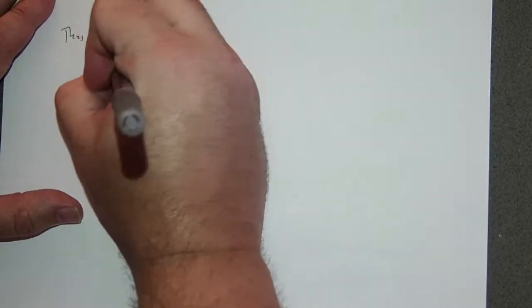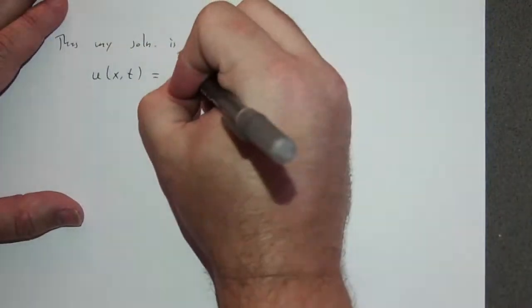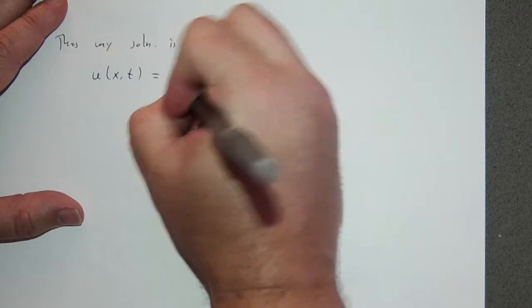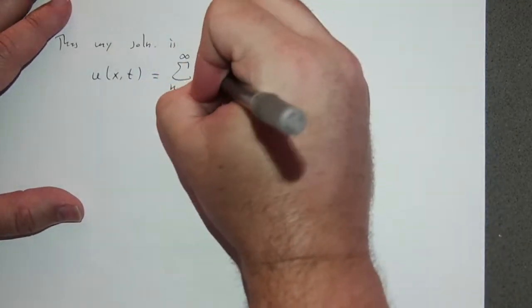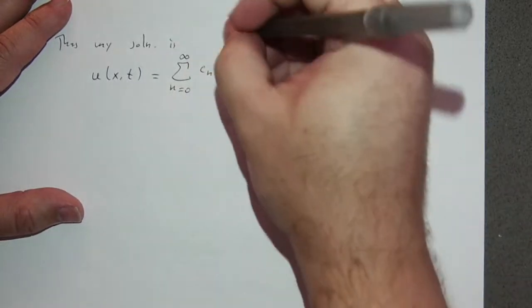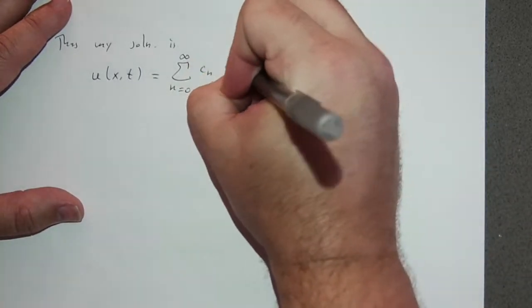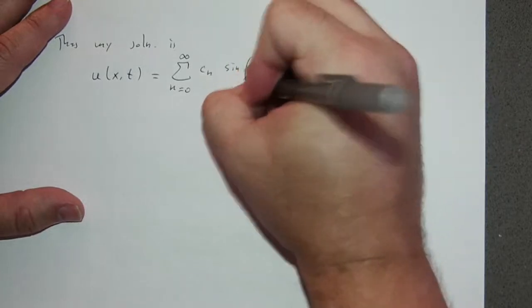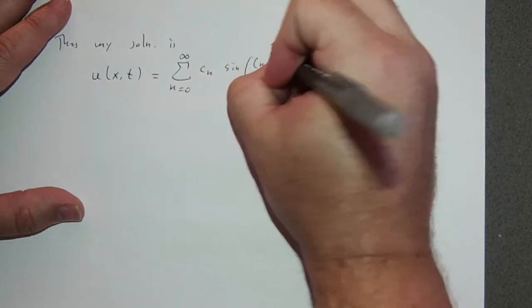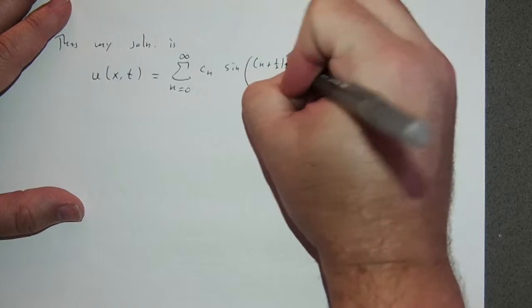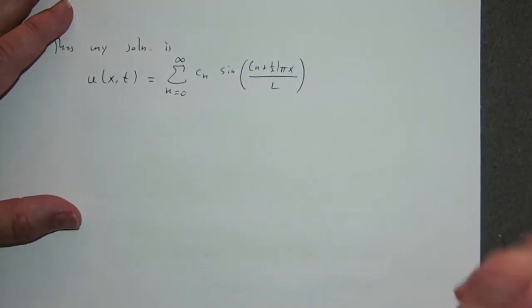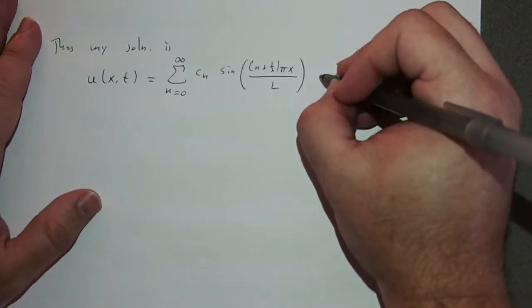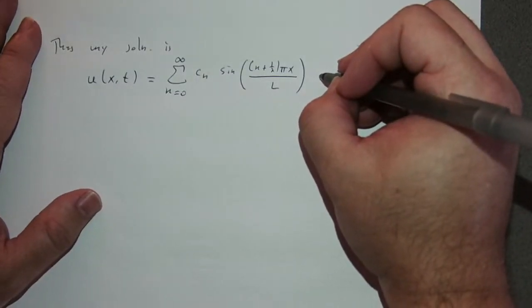u of x,t is the sum from n equals 0 to infinity of c sub n times sine of (n plus 1/2) pi x over L, times e to the minus lambda sub n alpha t.